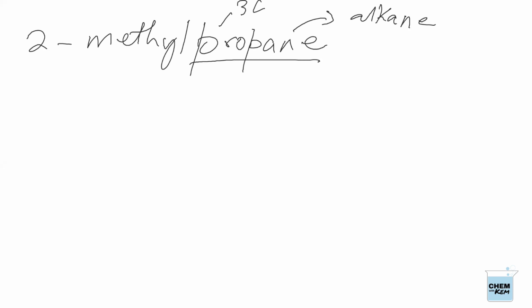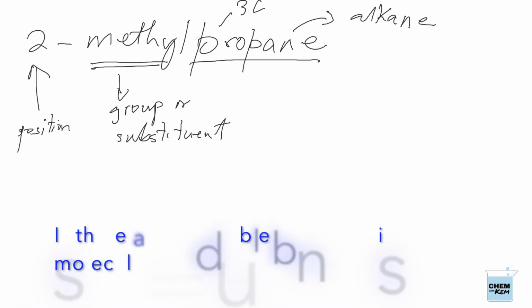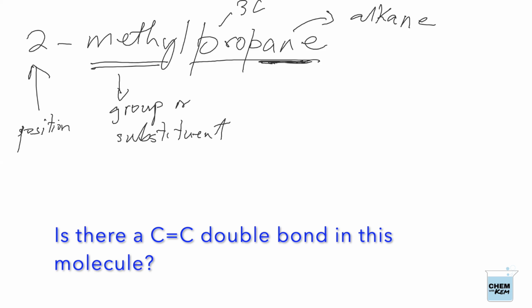The methyl right here is what we call a group or a substituent. And then the 2 that is right there is telling us the position or the location of this substituent. There's no functional group per se.